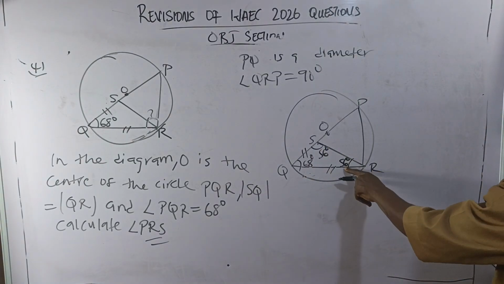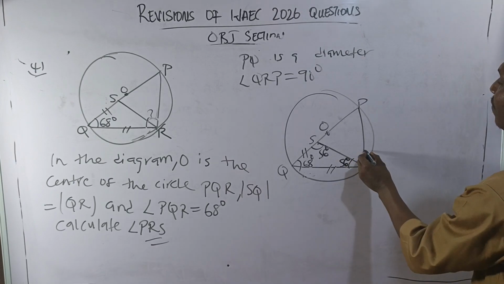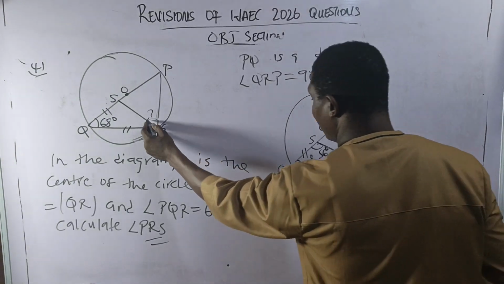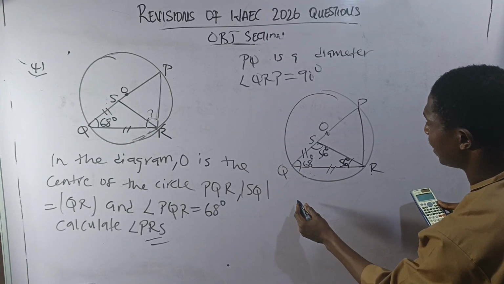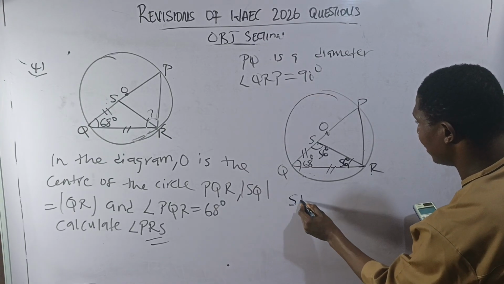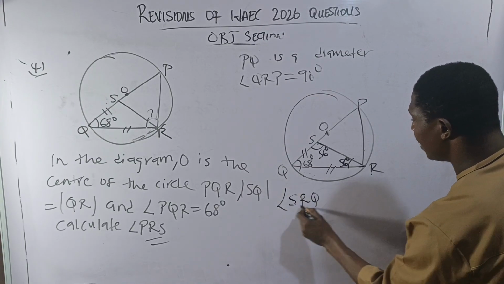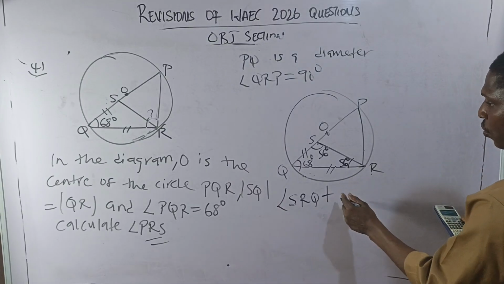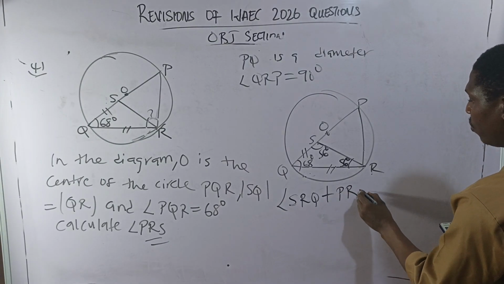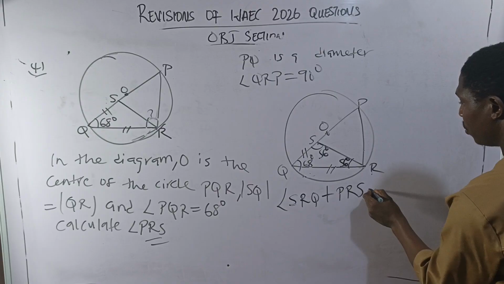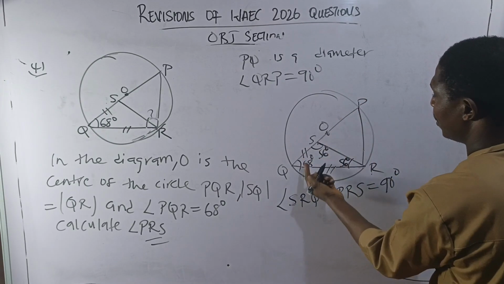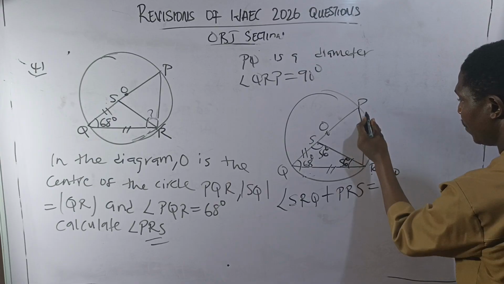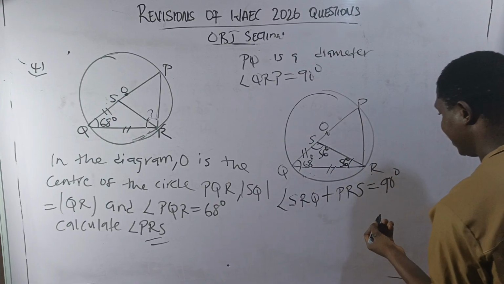Degrees. So if this is 56 degrees and I have this total angle here as 90 degrees, then I'll simply have angle SRQ plus angle PRS to be equal to what? The 90 degrees, because if I use angle in a semicircle, I get angle PRQ to be 90 degrees.